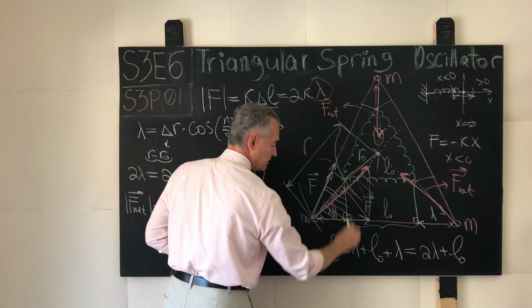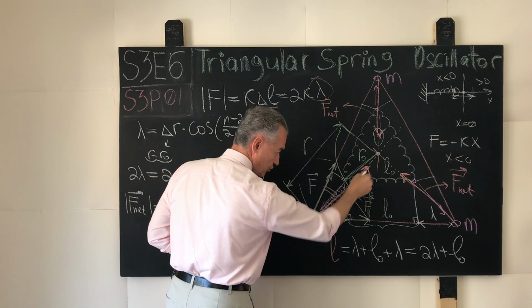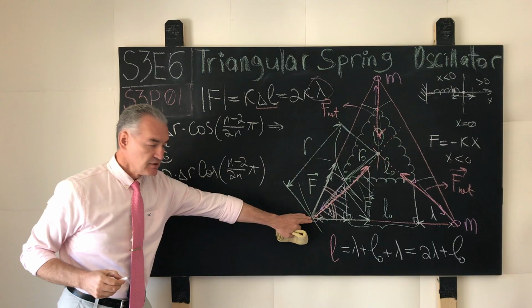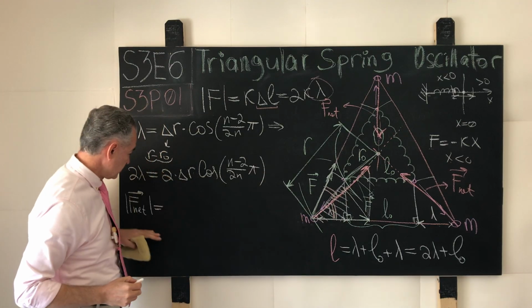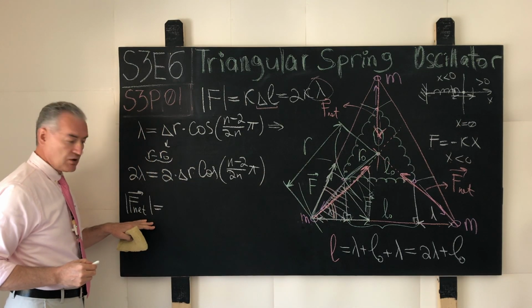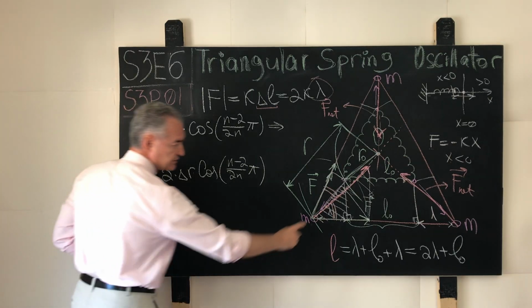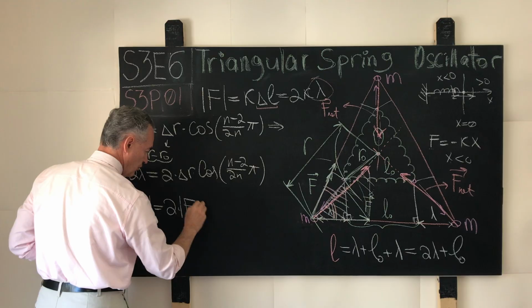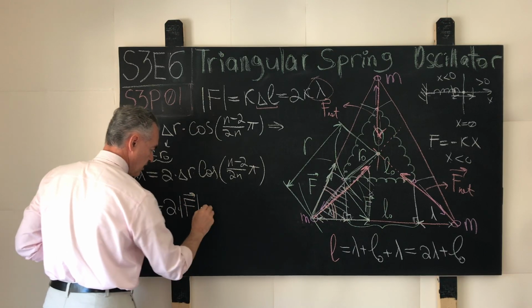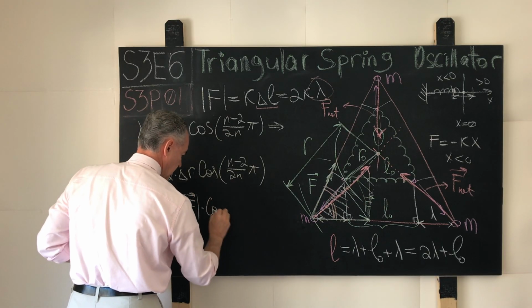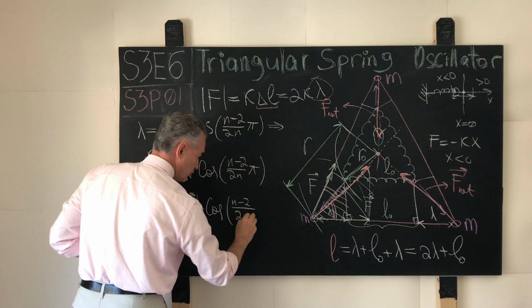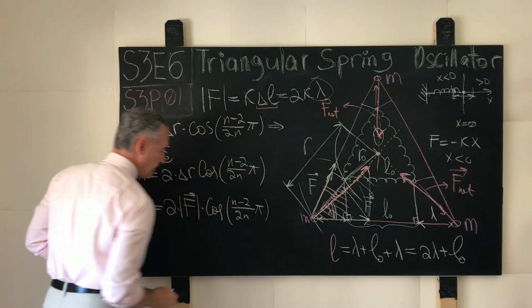We project any one of these sides onto the base of this isosceles triangle, the length of whose base represents precisely the magnitude of the net force. And what is this? Well, it will be 2 times the absolute value of each individual elastic force times the cosine of the same angle, (n minus 2) over 2n times pi.